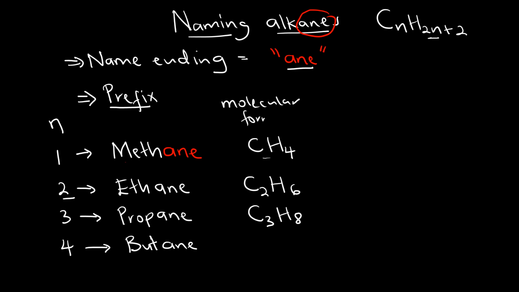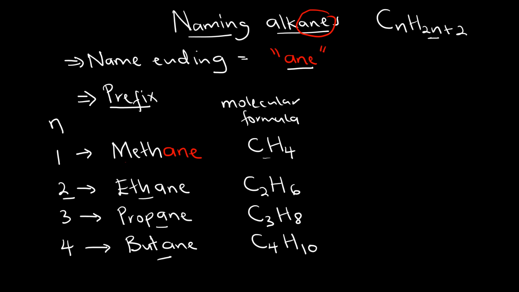So we shall have C4. 4 times 2 is 8, 8 plus 2 is 10. C4H10. So these are the names for the first 4 alkanes: methane, ethane, propane, and butane.